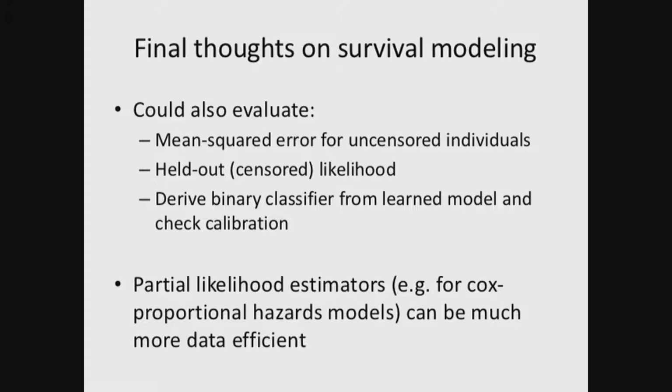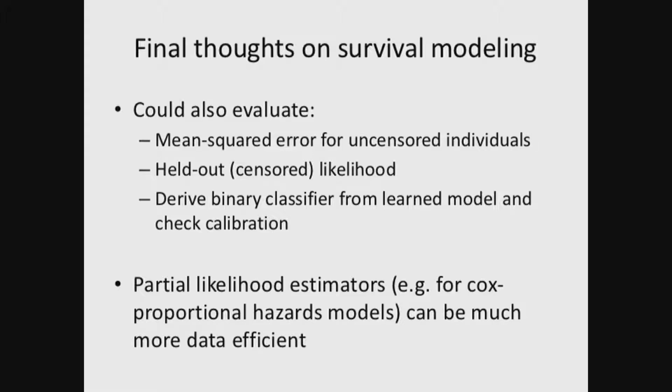But of course, that only makes sense for uncensored data points. So focus just on the uncensored data points, and look to see how well we're doing at predicting when the event occurs. The second thing one could do, since you have the ability to define the likelihood of an observation, censored or not censored, is hold out data and look at the held-out likelihood or log likelihood of that held-out data.